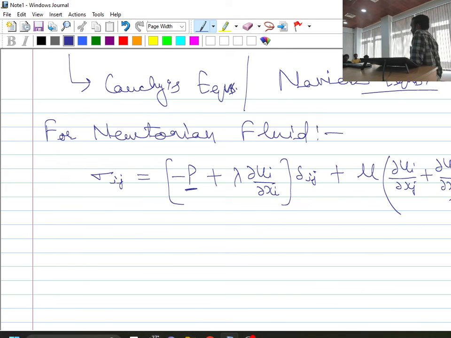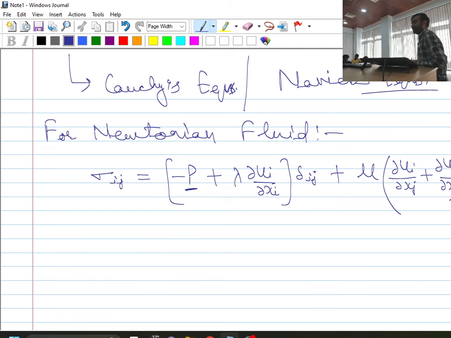Whenever I have defined the stress tensor sigma, I have taken it in outward normal direction to a face, but pressure is always a compressive stress because it acts into the plane of the fluid. So that's why I am writing over here minus p sign.